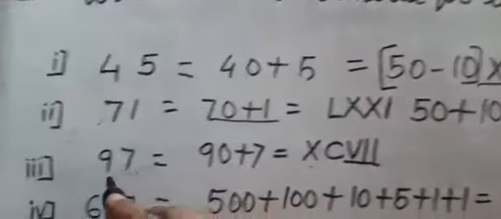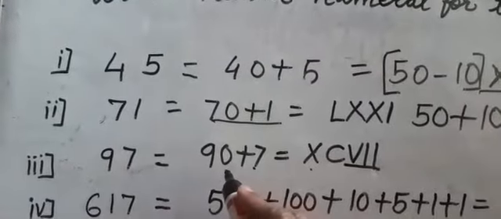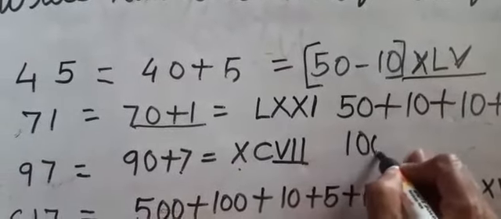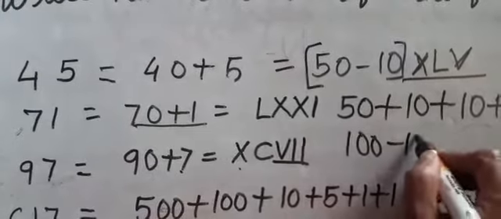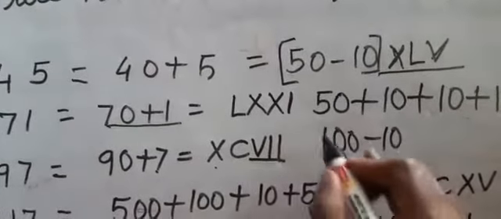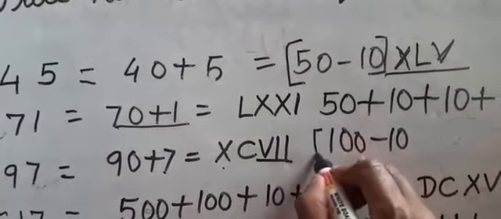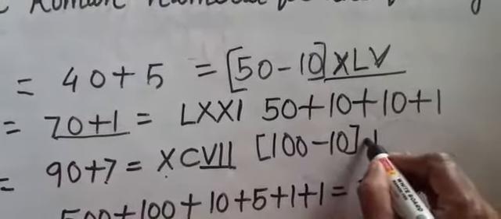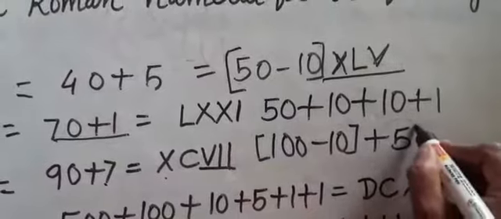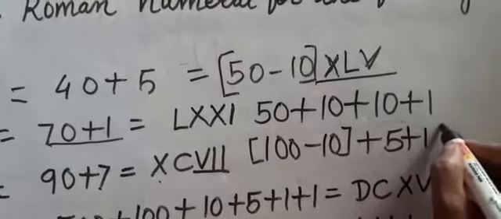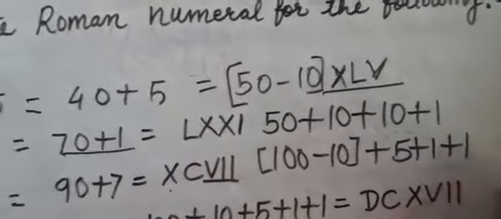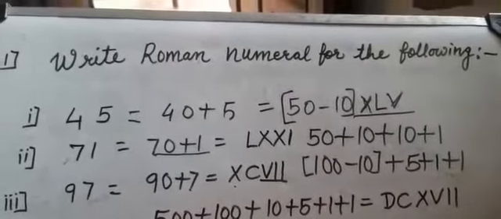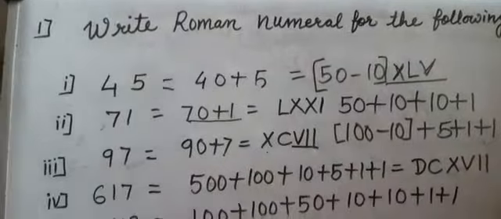For 97 again we don't have a sign for 90, so it can be written as 100 minus 10. And for 7, beta, we don't have a sign, so how can we make 7? We can decompose it as 5 plus 1 plus 1. Got it? So in this manner you can convert the Hindu Arabic numeral to Roman numeral.